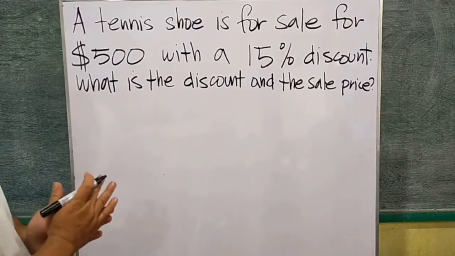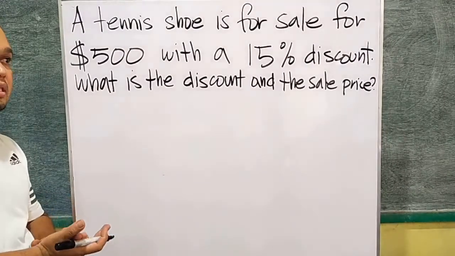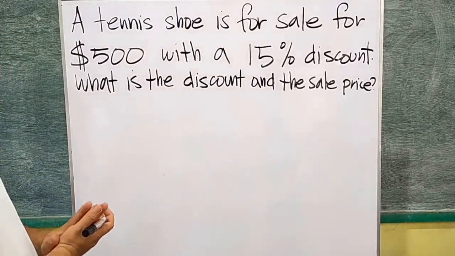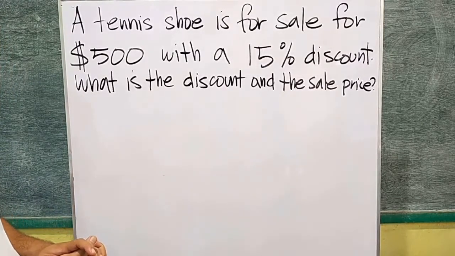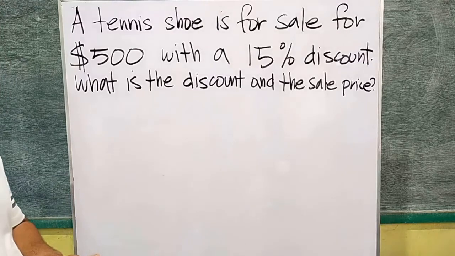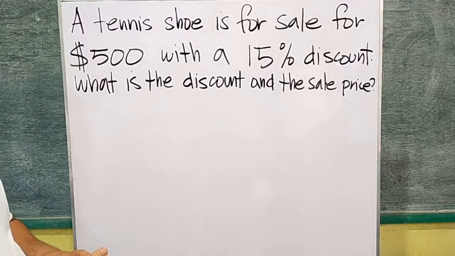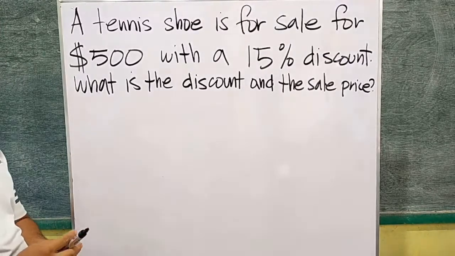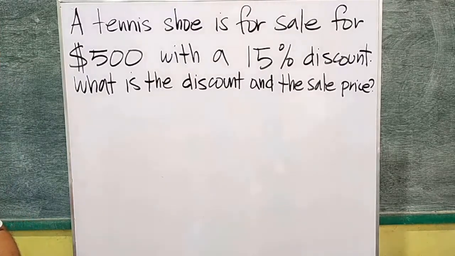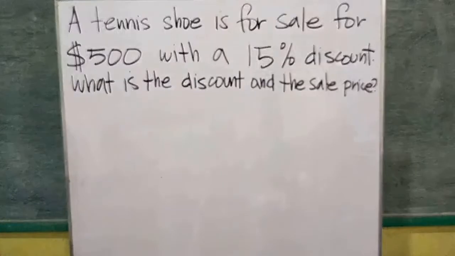Okay, we have here an example, and if we are going to read this: a tennis shoe is for sale for $500 with a 15% discount. What is the discount and the sale price? Now, there is a tennis shoe for sale, which is how much?